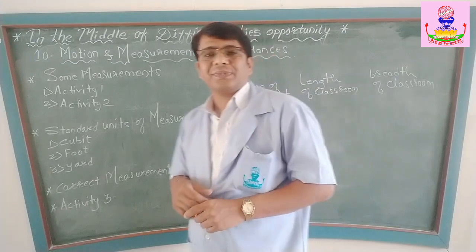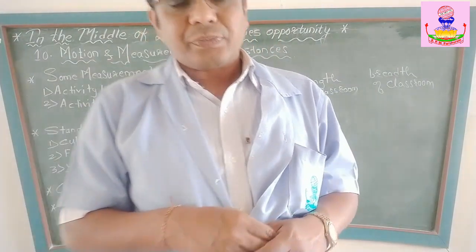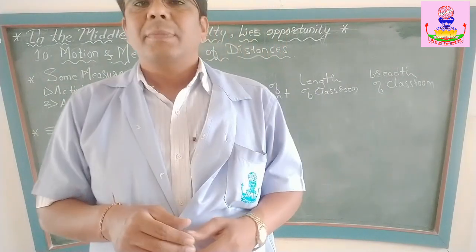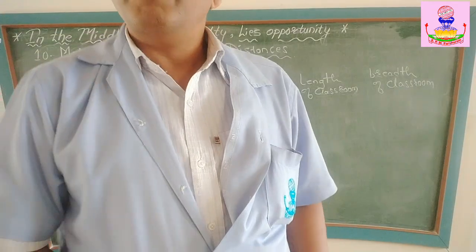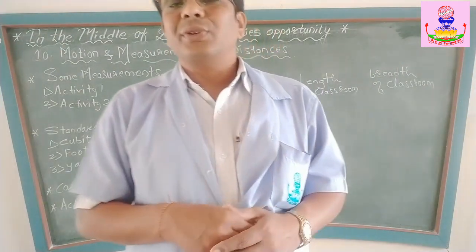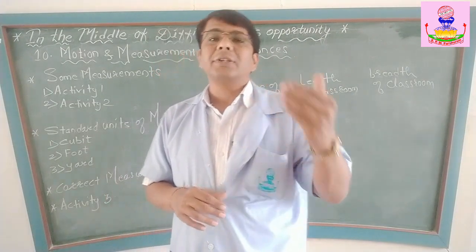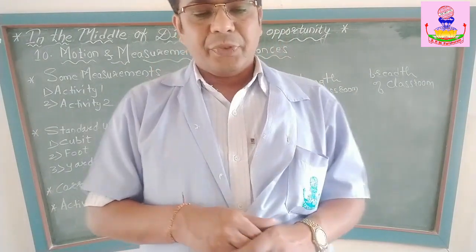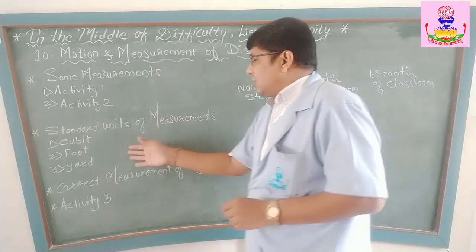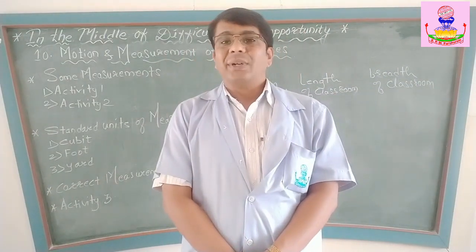Then next is foot. Now as I have said, foot was used by people in different parts of the world. It differed slightly from region to region. Then the next unit used was yard.